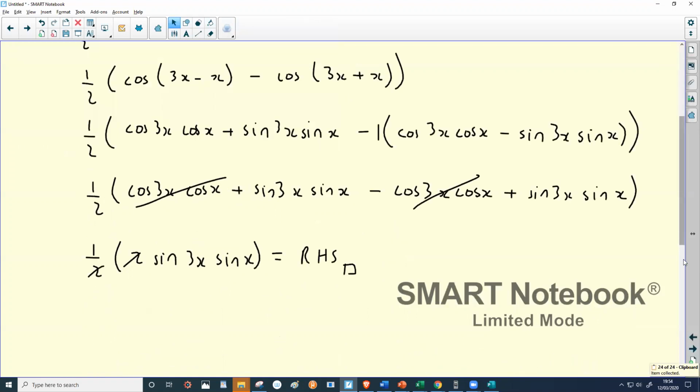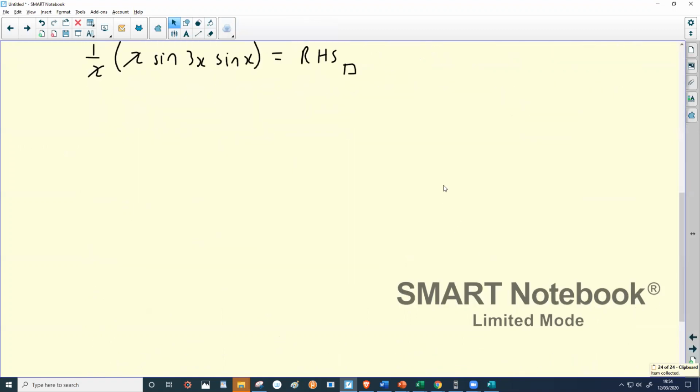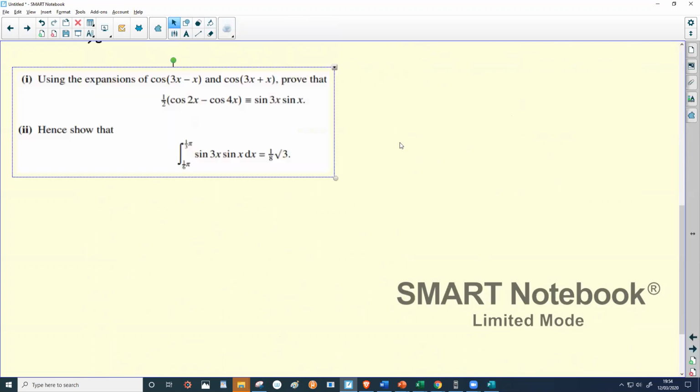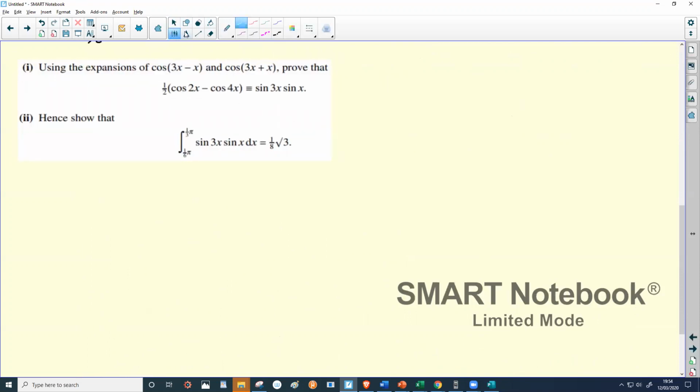So let's have a look at how I'm going to do this question. First of all, this is very key when it says hence. Generally whenever we see the word hence, we're going to use an earlier part to answer this one.